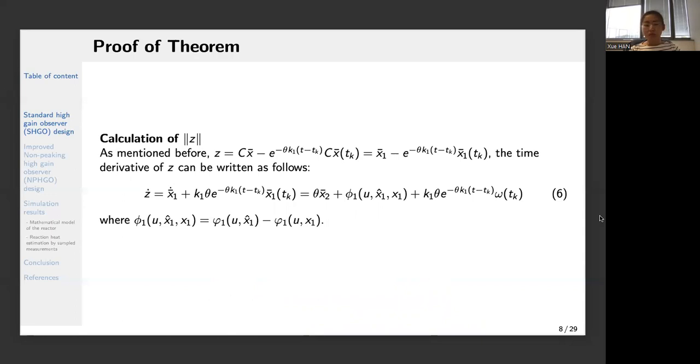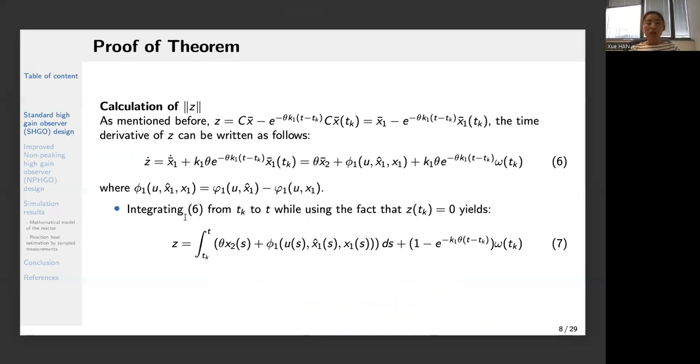And here we also define a function called phi1. And then we will integrate equation 6 from t_k to t. And we can easily find that z(t_k) equals 0. So we can have the following expression, like equation 7.